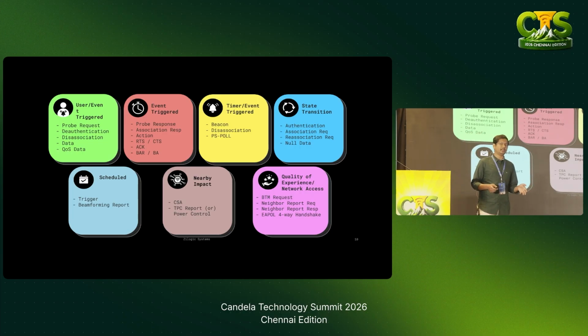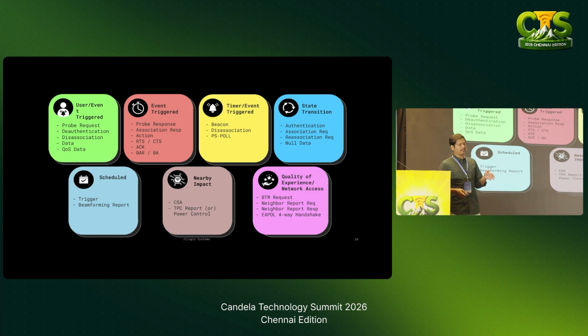So on the nearby impact, environmental factors like DFS or interferences, non-Wi-Fi interferences, also impact the Wi-Fi to take some decisions, and some frames will initiate based on that as well. On the quality of experience, we have when the AP is loaded, for example, if 2.4G is loaded more, it uses a BTM request and sends a client to its own nearby 5G band, or it can also give a neighbor request to move the station to a nearby good AP.